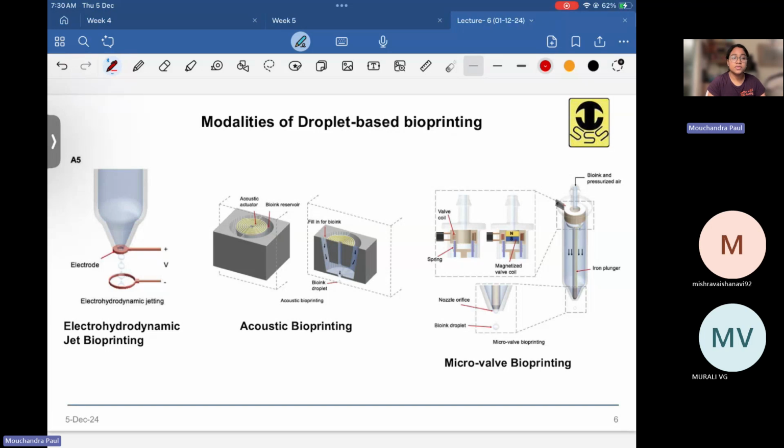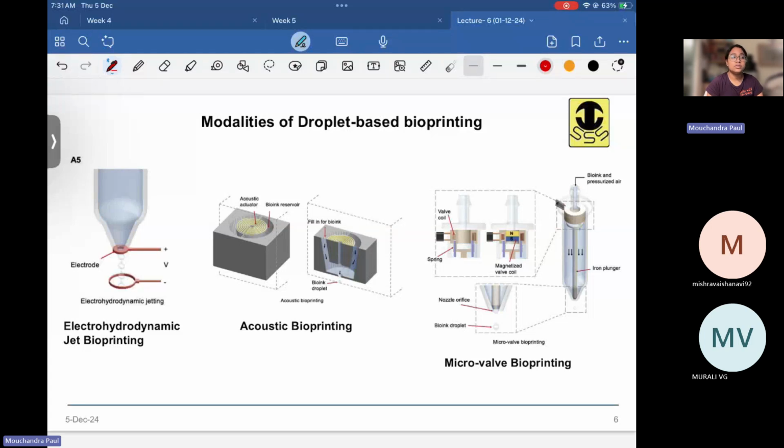Here the advantage is that you do not have to use a nozzle or needle. But the disadvantage could be that you cannot use viscous materials here. You need very low viscosity material so that the sound wave can propagate well.